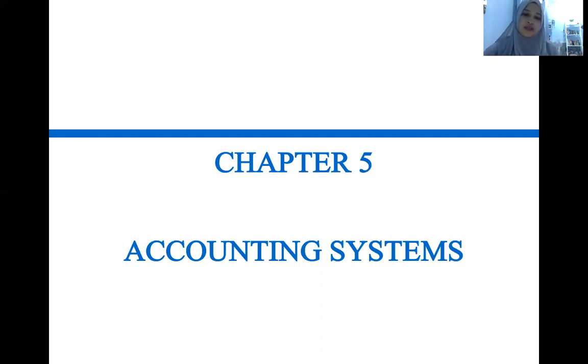Previously, you have covered the introduction of accounting, the types of business enterprises, and then you also learned how to analyze the transaction, put it into the journals, and then post to the ledgers, and then prepare the financial statements. So basically, you've covered the whole accounting cycle.